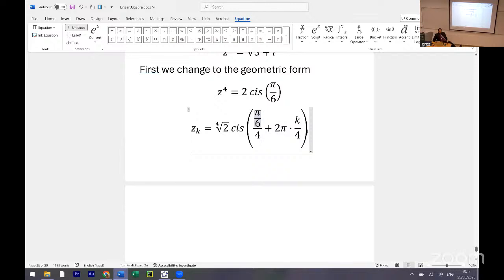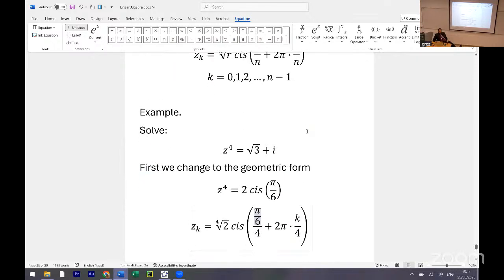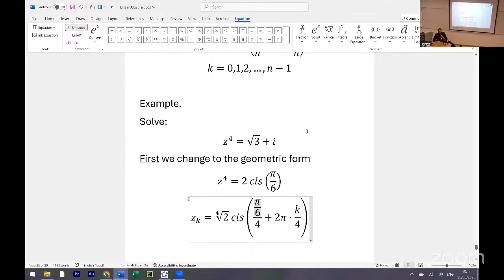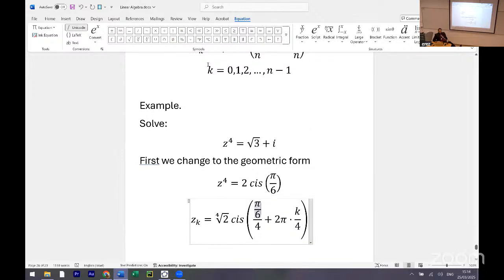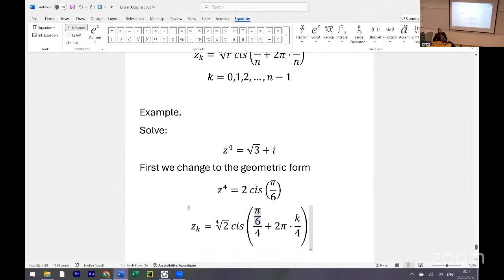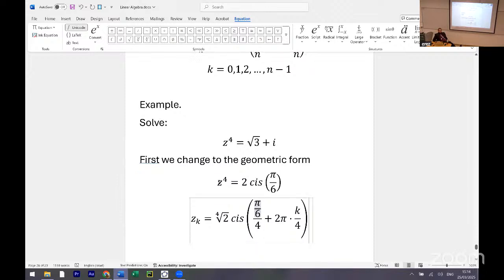So that's the solution, and I'll give you another chance to answer. What are the values of k? What are the different values of k we should put in this example?